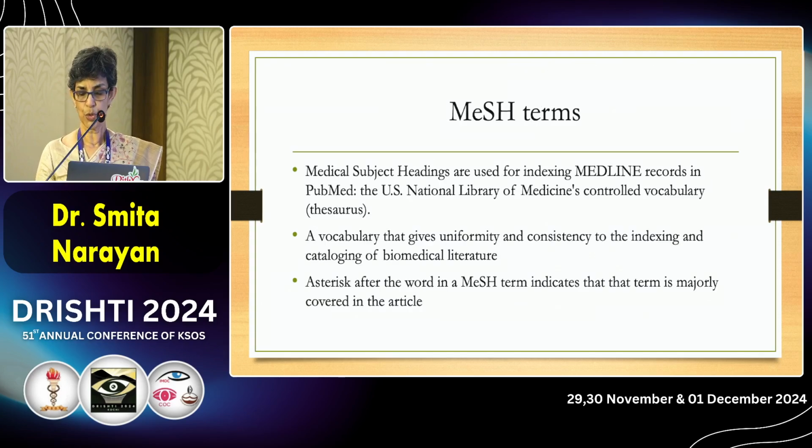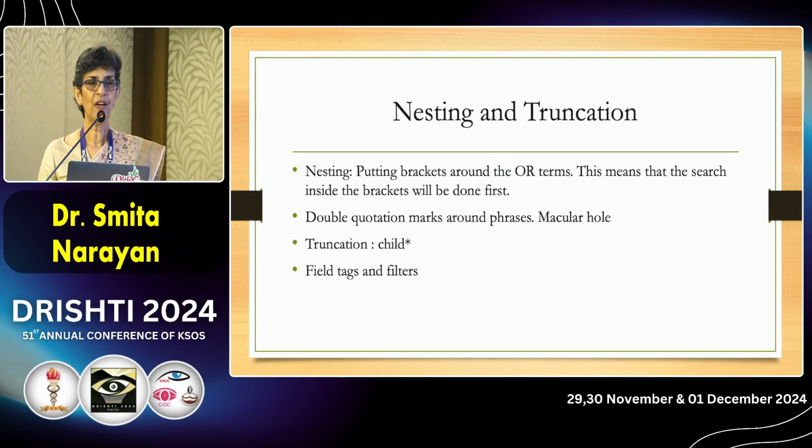Similarly, sometimes you know one word, but you want to know the variant functions of that word. Say you have the word child and you want to know about childhood and some other word which is similar, but you do not remember it. What you can do is put an asterisk after child, and then PubMed will search all those words which provide you with that similar thing.